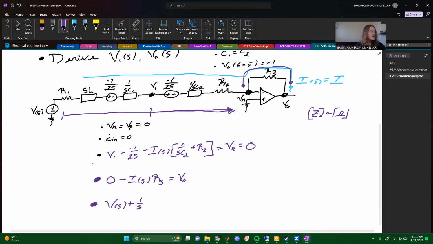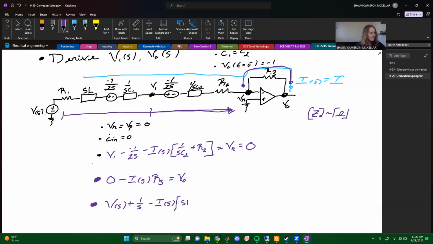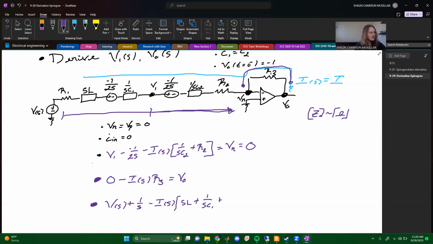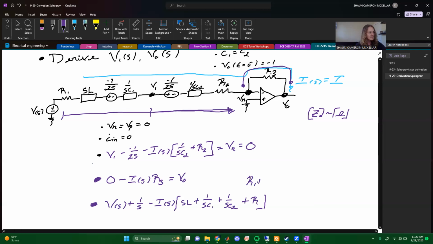Now we have all these impedances and this current, so we'll also drop the voltage of I of S times the total impedance. And I can just add that up here. It's going to be S of L plus 1 over SC1 plus 1 over SC2 plus R. And this R value, I'm just going to write it like that for simplicity, but R equals R1 plus R2.